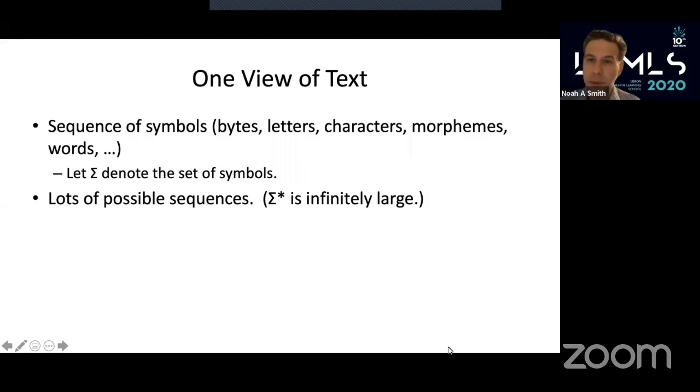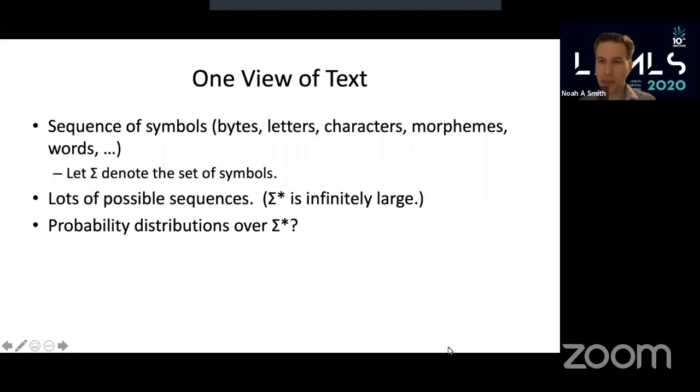So we're borrowing here from formal language and automata theory, if you're familiar with that area, if your background is in computer science. So there are infinitely many sequences. And the first task we're going to lay out for ourselves today when we talk about Markov models and language modeling is that we want to define a probability distribution over the event space of sigma star. Meaning, we're going to assign some probability to every possible sequence that we could build out of the set of symbols sigma.